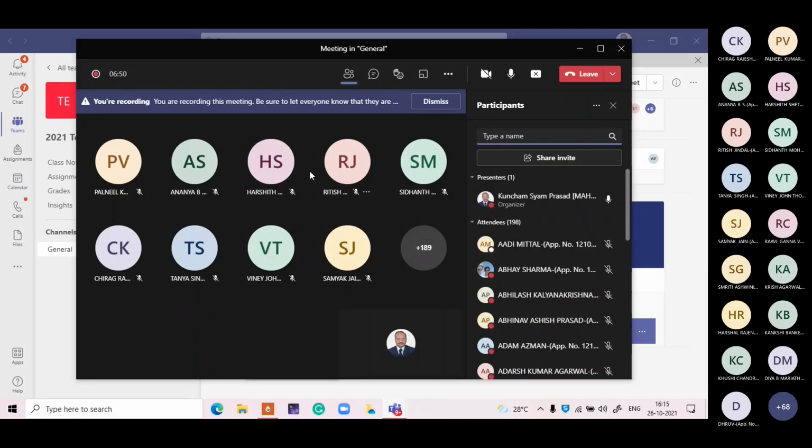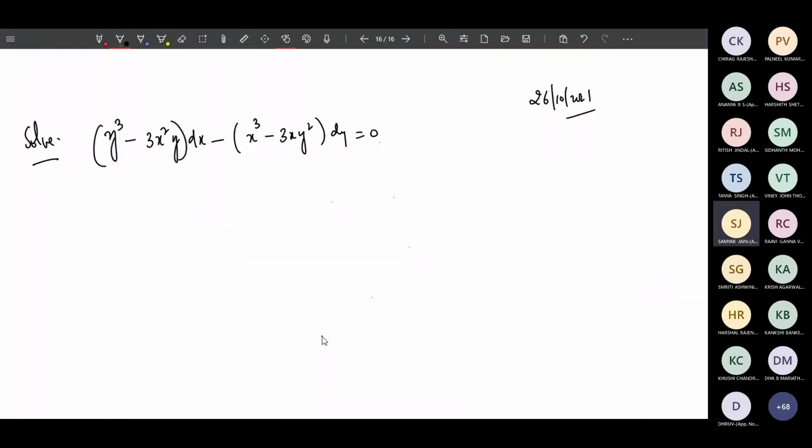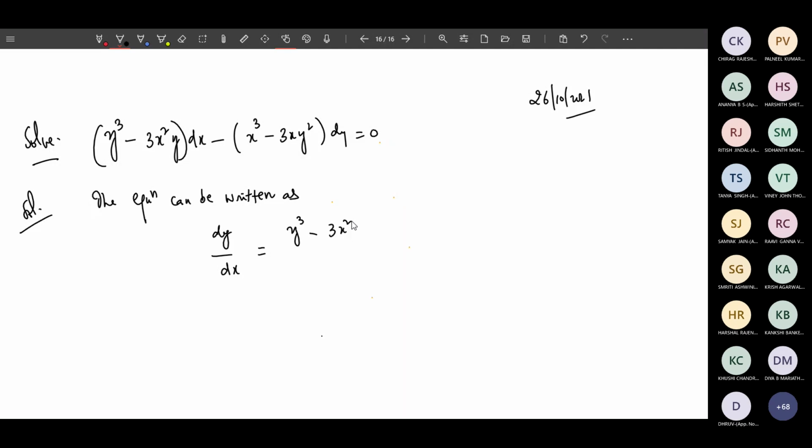The equation can be written as dy by dx equal to (y cube minus 3x square y) upon (x cube minus 3xy square).